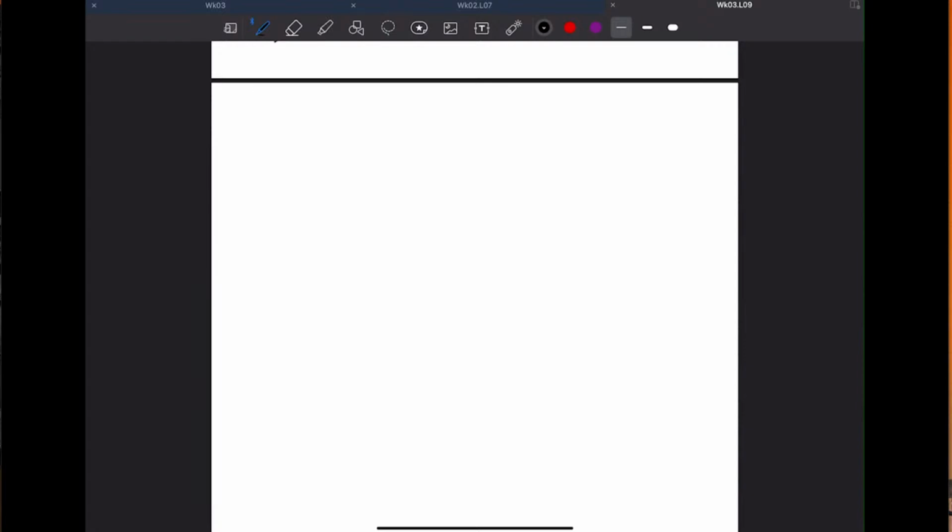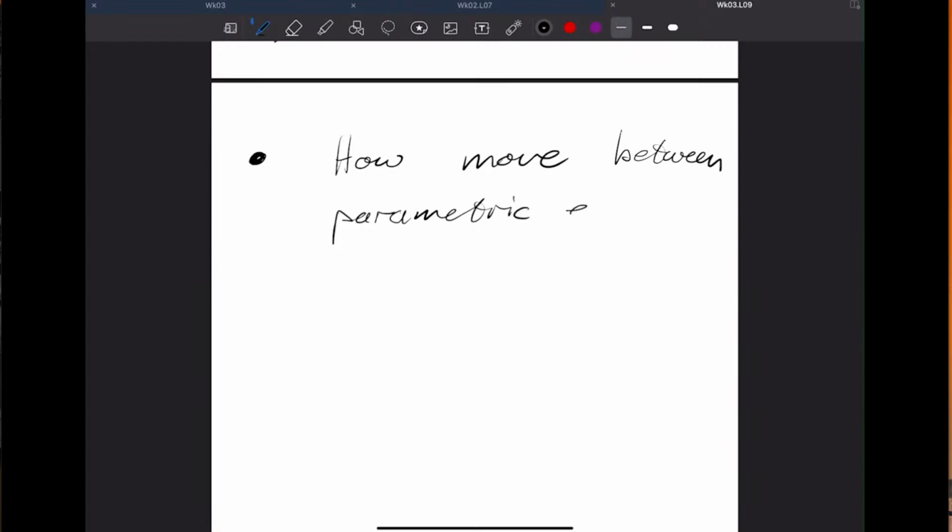Okay, so now we have two questions that we need to answer. We have now two different ways of describing a plane. So one question is, how do we move between the two different representations of a plane, a parametric equation for a plane and a Cartesian equation?